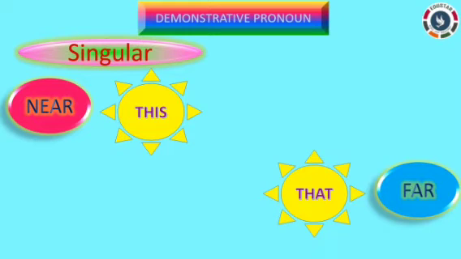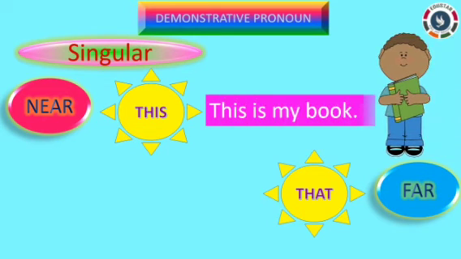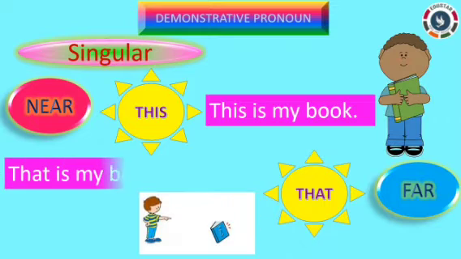For example, to show the possession of books, I say, this is my book. Here, I am talking about only one book, which is singular and near to me. So that's why I say, this is my book. Now, if the same book is far, then we can say, that is my book.